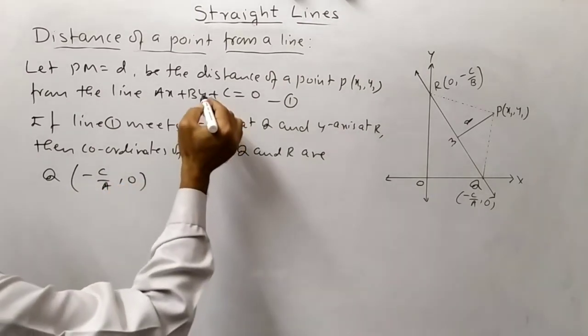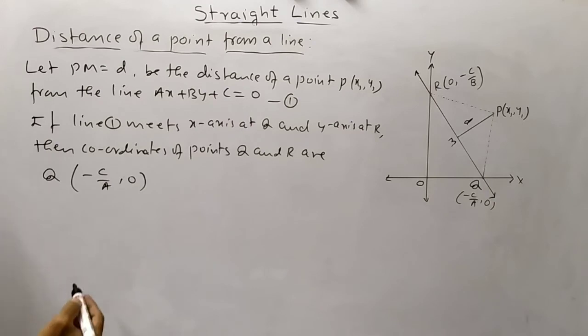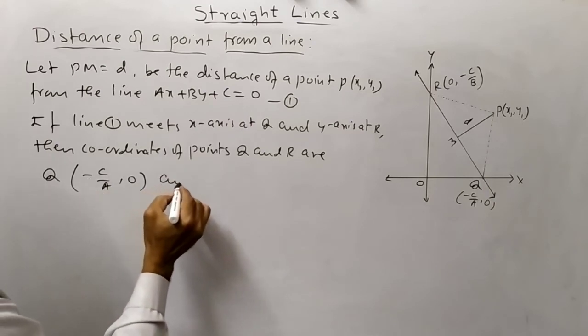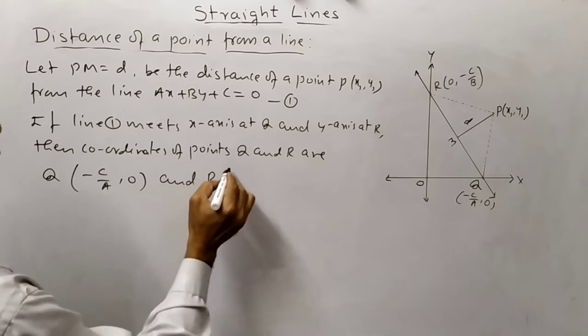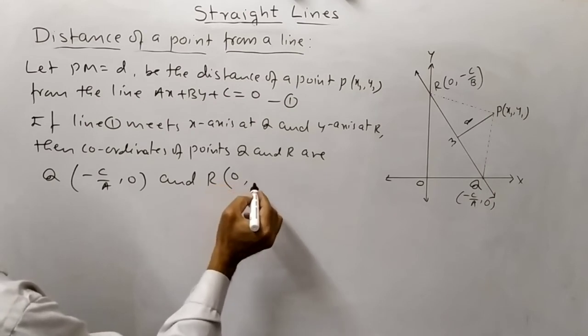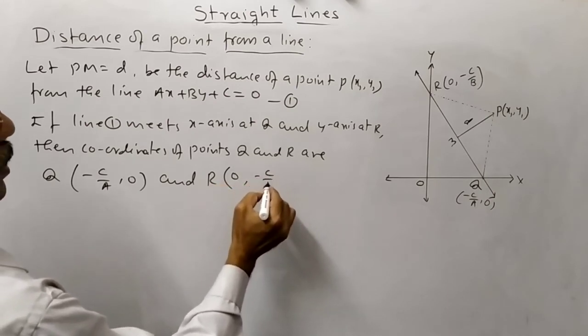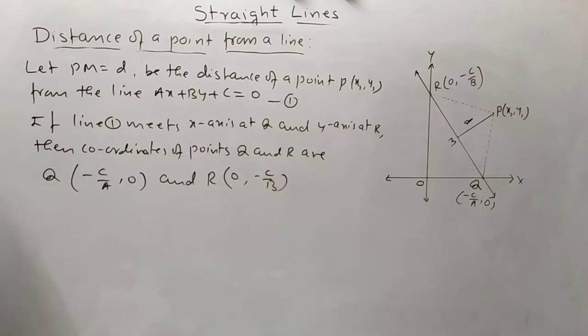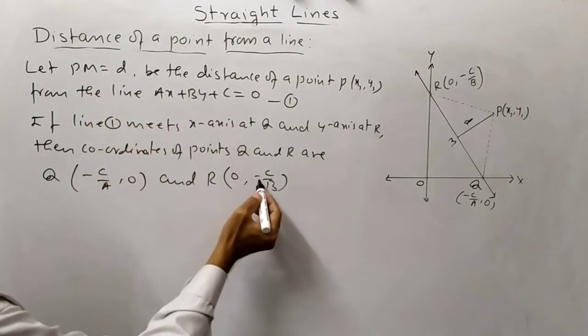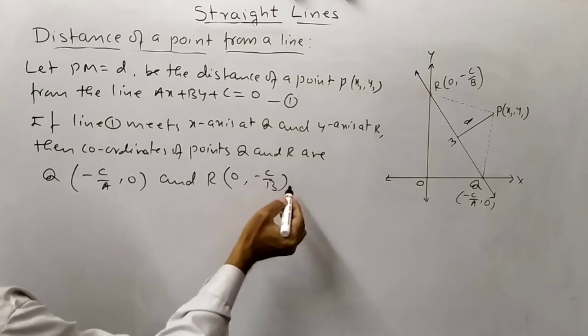When you substitute y is equal to 0 in 1, we will get x is equal to minus C by A. And coordinates of R are 0, comma, minus C by B. When you substitute x is equal to 0 in 1, we will get y is equal to minus C by B.